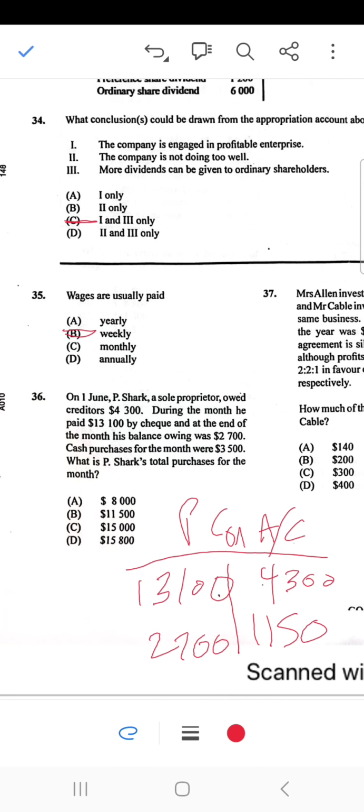Now that is the total credit purchases. They want total purchases. Total purchases will be your credit purchases plus your cash purchases. Cash purchases was $3,500. So we're going to add that to our $11,500, and that will give us $15,000.